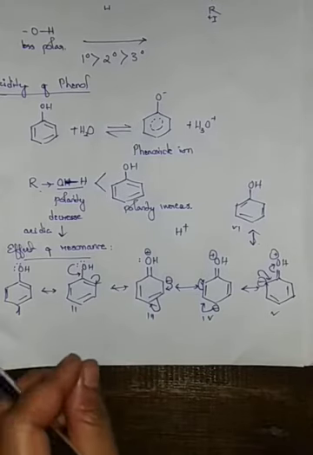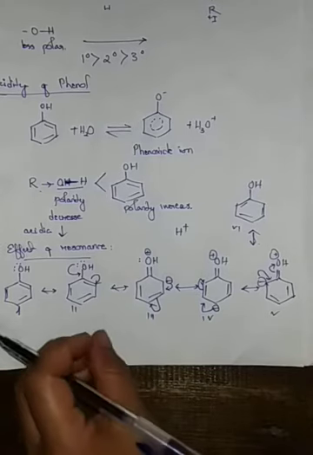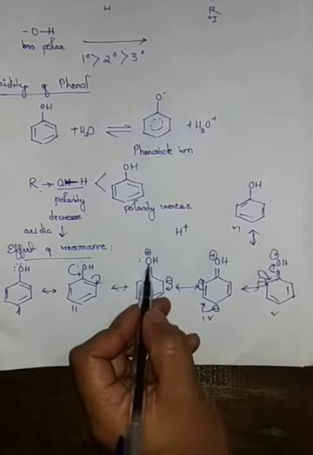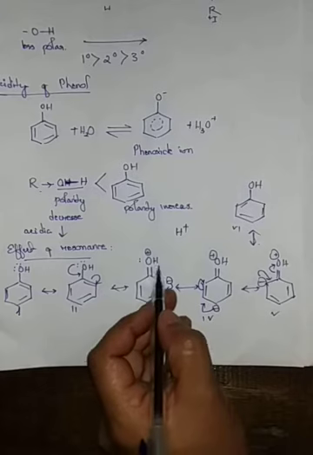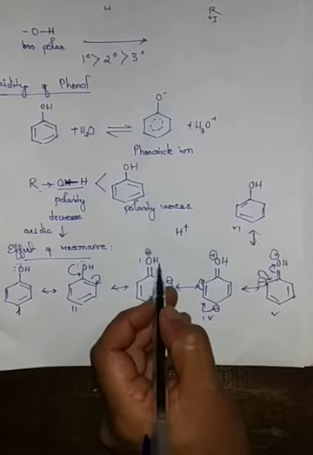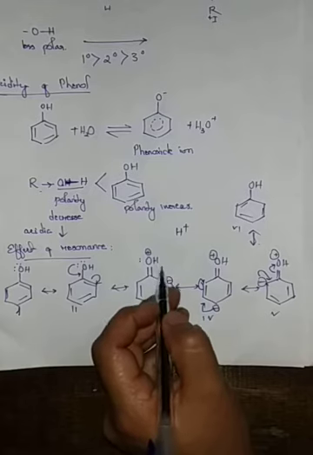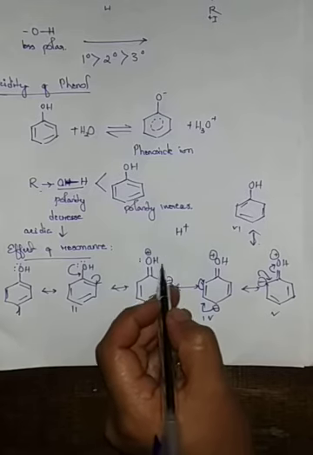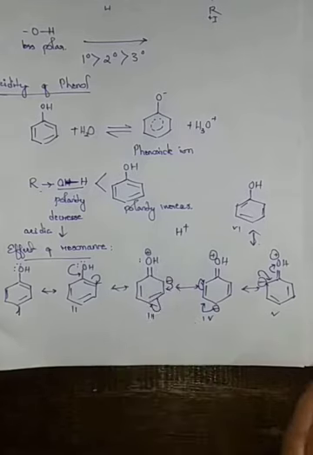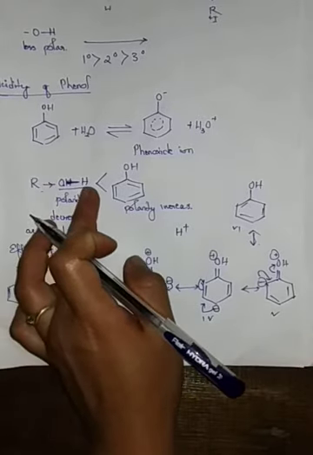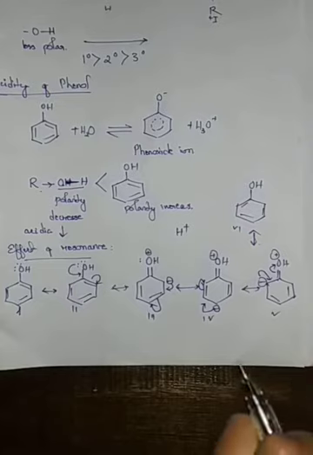Because of this, the effect of resonance in phenol, giving our oxygen atom a positive charge, makes the release of a hydrogen atom as H plus easier as compared to alcohols, where resonance is not possible and the hydrogen atom is strongly linked to the oxygen atom.